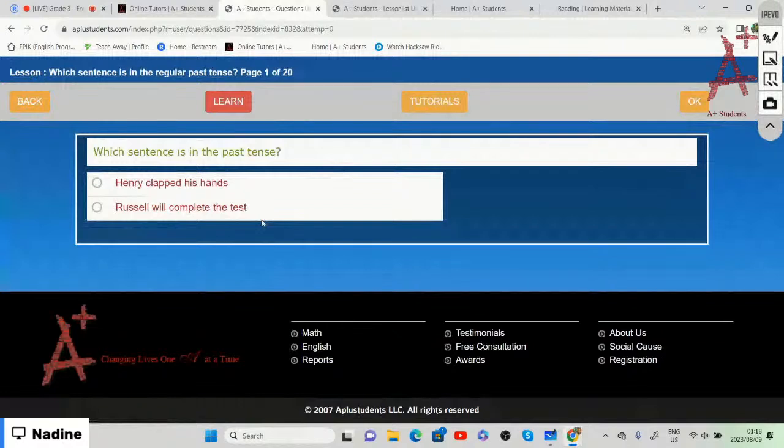So if we select the sentence in the past tense, is it option one, which is Henry clapped his hands, or option two, which is Russell will complete the test?